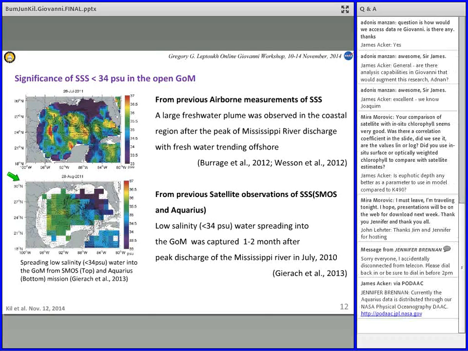I mean, the SMOS satellite and the Aquarius satellite have different measurements, but the retrieval methodology is the same. So it also can measure the low salinity, less than 34 PSU, even if it has coarse resolution. So it is a very good idea to use the Aquarius salinity data in Giovanni. It is a very good idea.